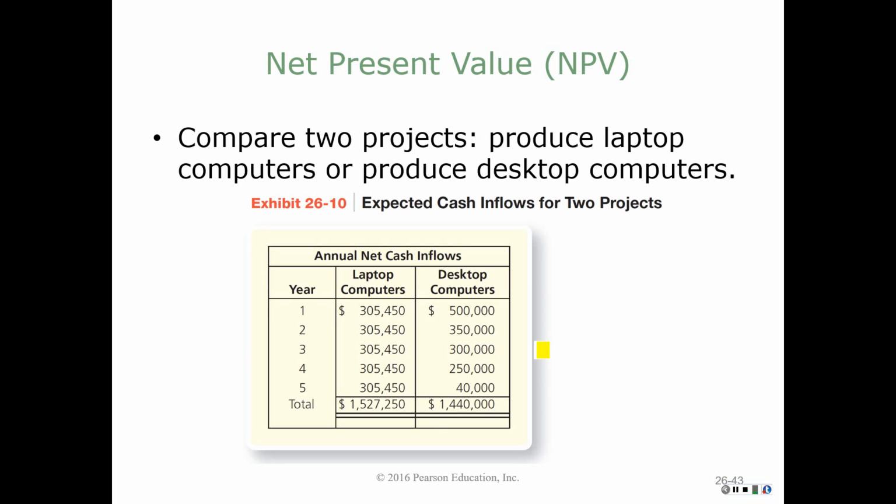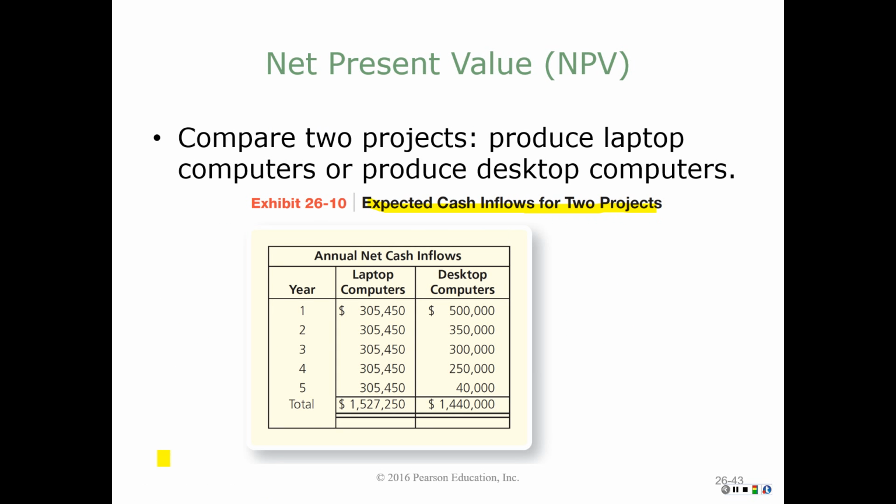In your textbook, there are two different scenarios: the company has decided they need a large piece of machinery to manufacture laptop and desktop computers, and they have anticipated the expected cash inflows for each of these two projects.